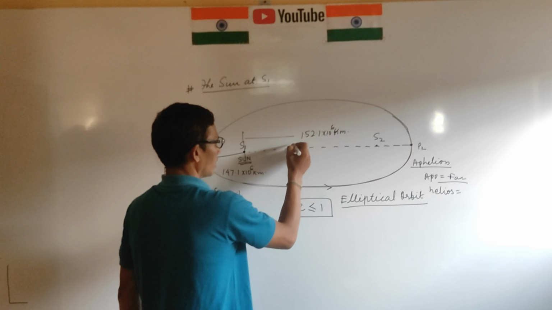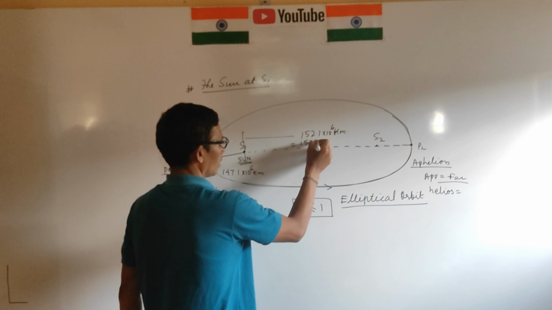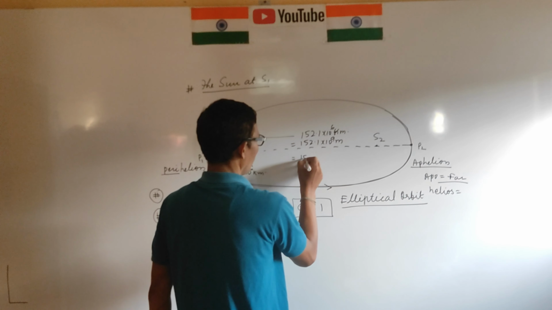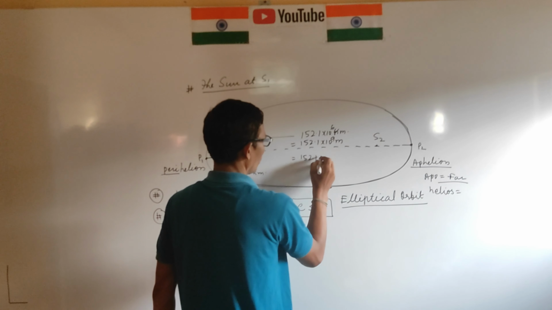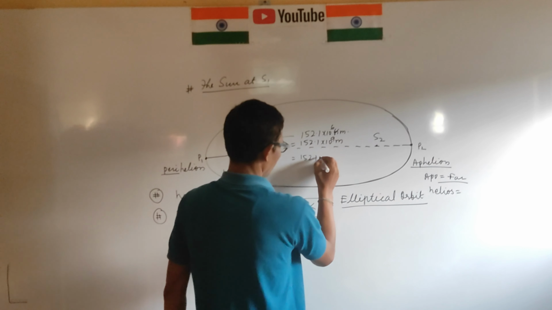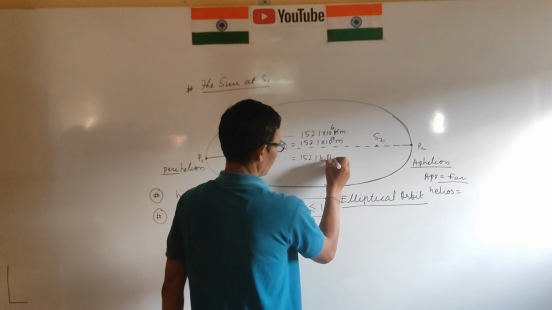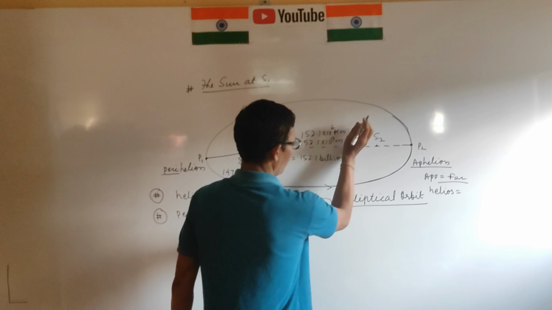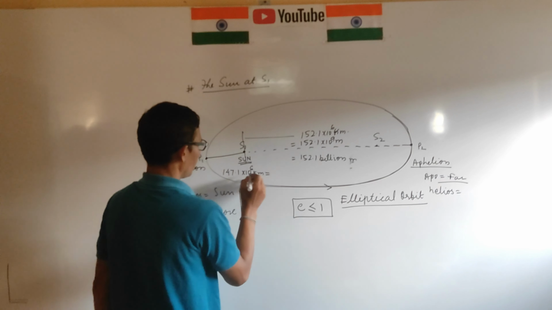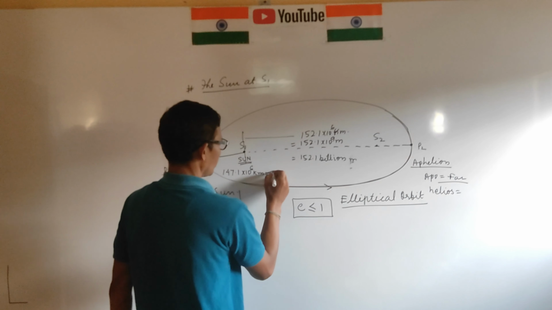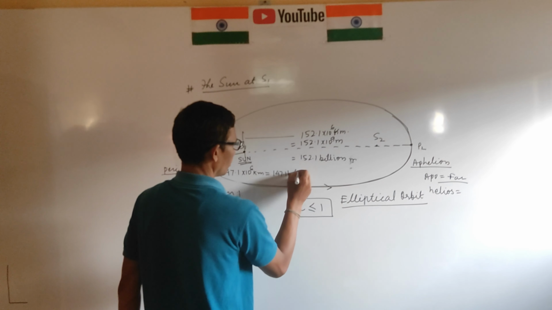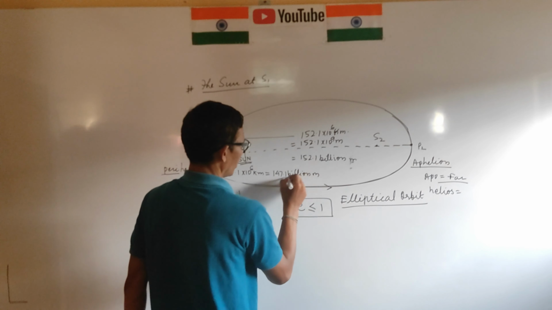When we convert this into meters, that is 10 to the power 9 meters, it is called billion meters. So 147.1 billion meters. This is the distance.